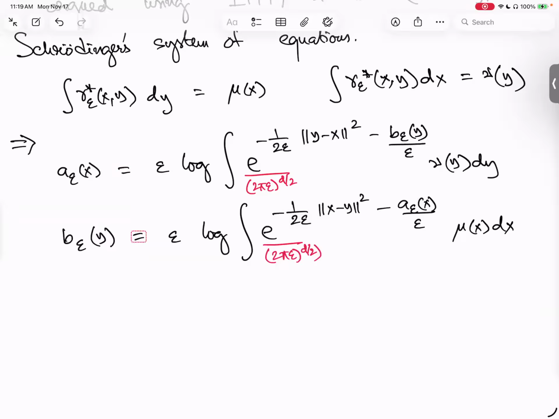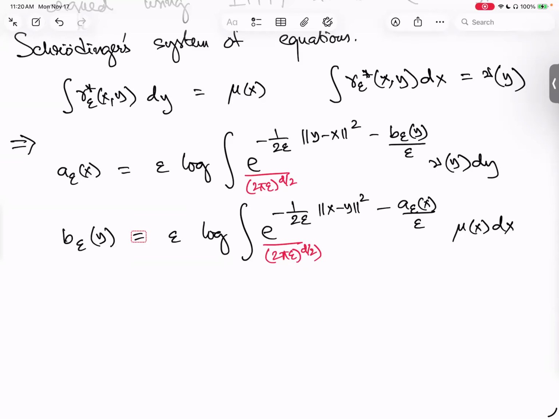You can try to get it inside those b epsilons, a epsilons, or you can multiply it here. This is unimportant. You can do anything that you want. But one convenient way of seeing this is that the first term that you're integrating, which is e to the power minus 1 over 2 epsilon norm of y minus x squared, is a Markov operator corresponding to Brownian motion.